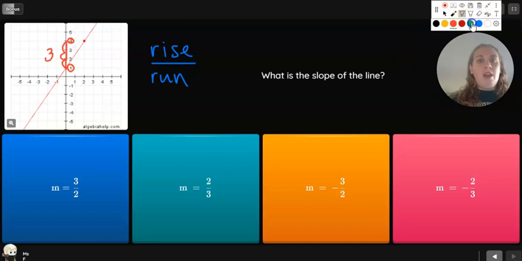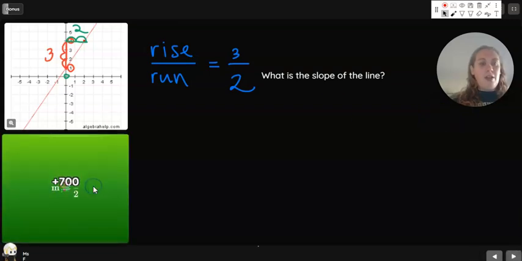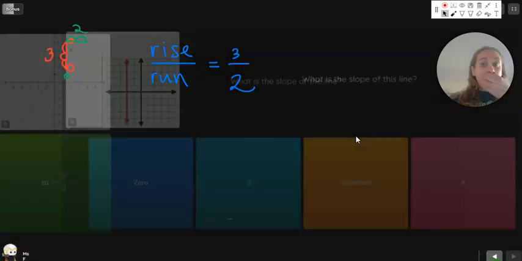And then our horizontal change is going over from a 0 to a 2. So we went to the right 2. So our rise is 3 and our run is 2. So we have a slope of a positive 3/2. We're going to select that option, and then it'll bring us to the next question.